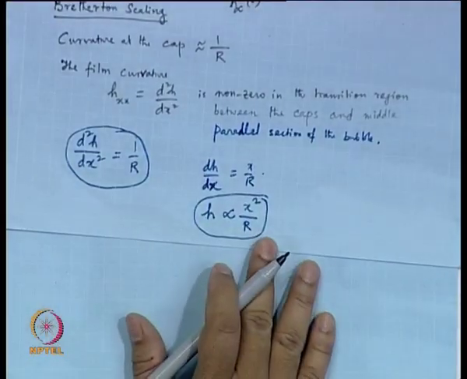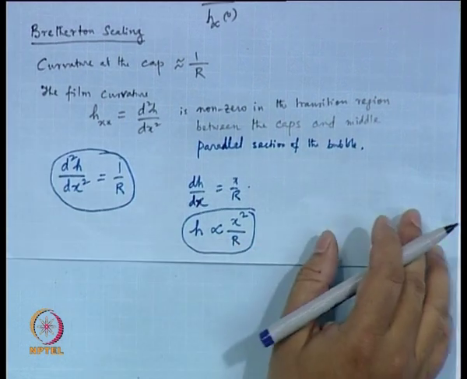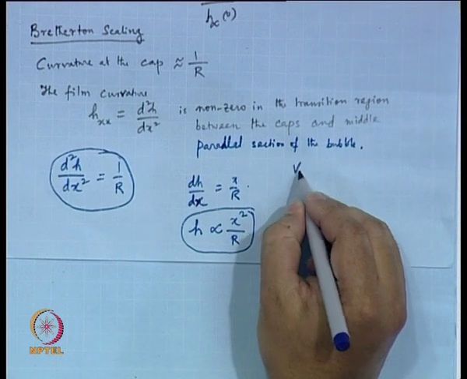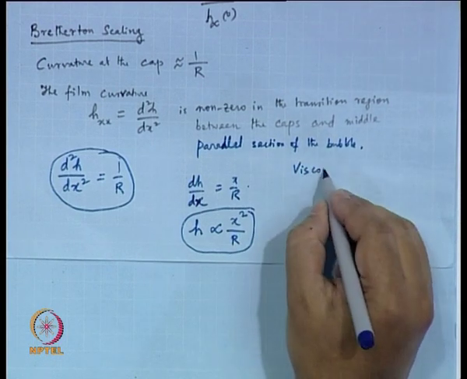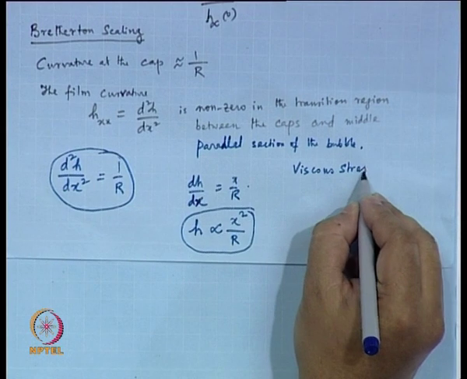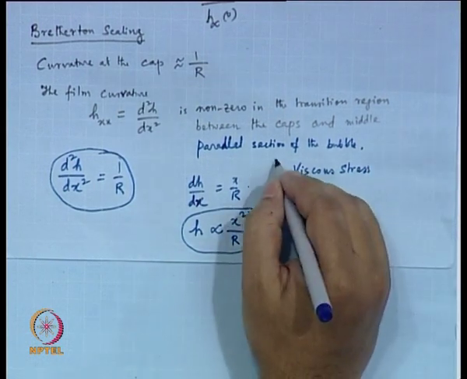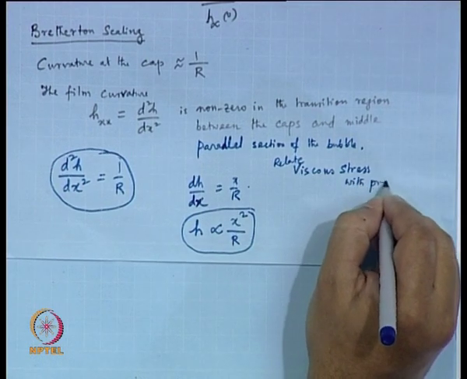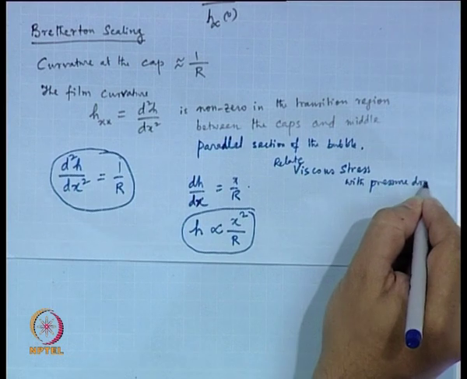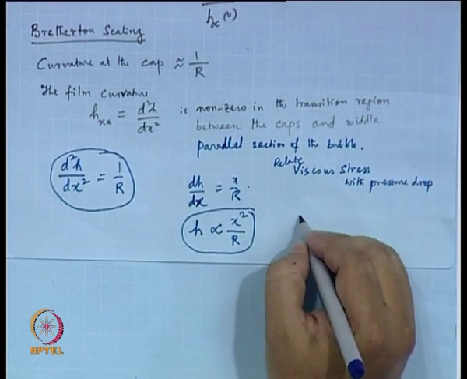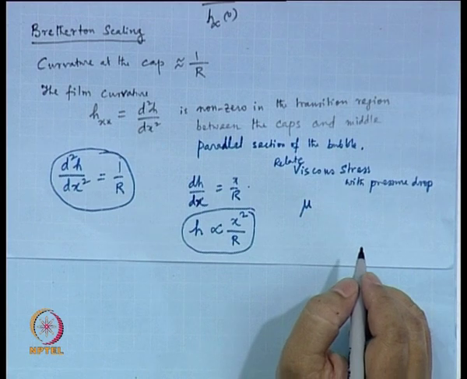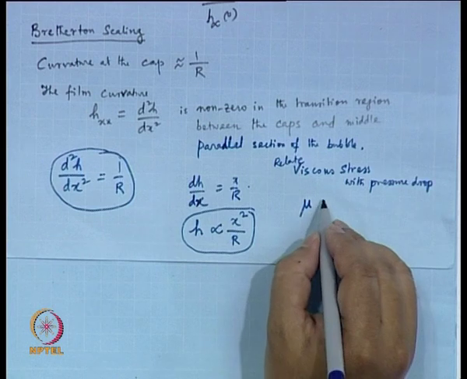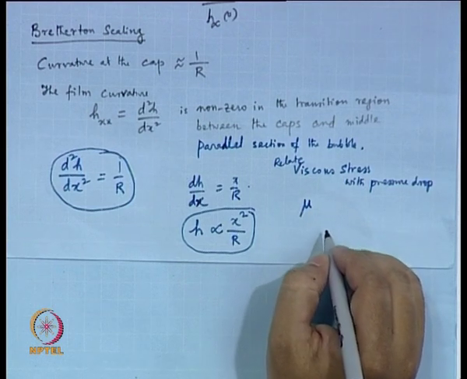All right. So, given this, now if somebody wants to find out the viscous stress, and relate viscous stress with pressure drop, what he will write in that case is mu du/dy.